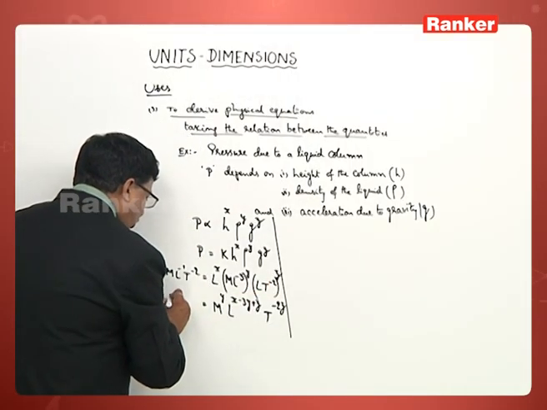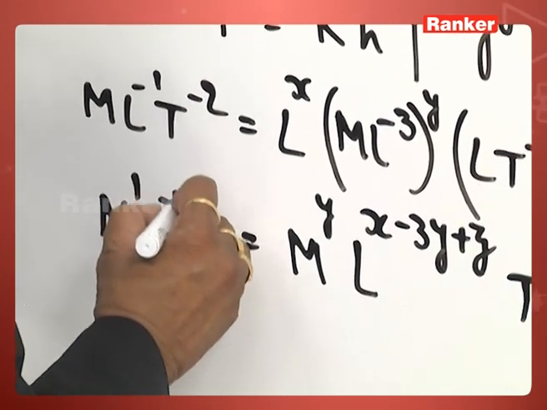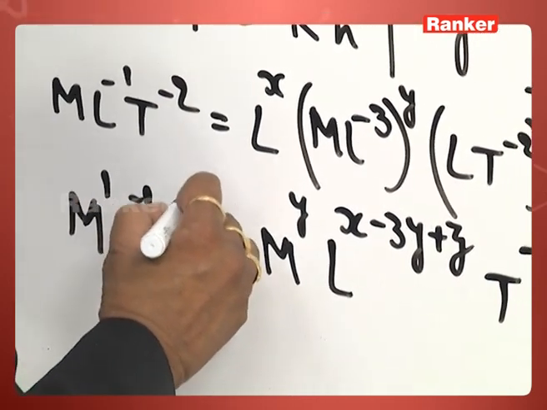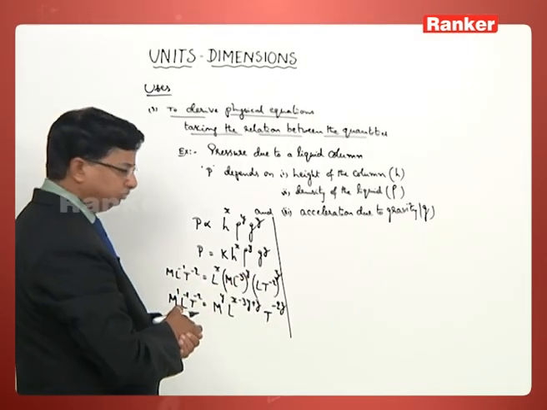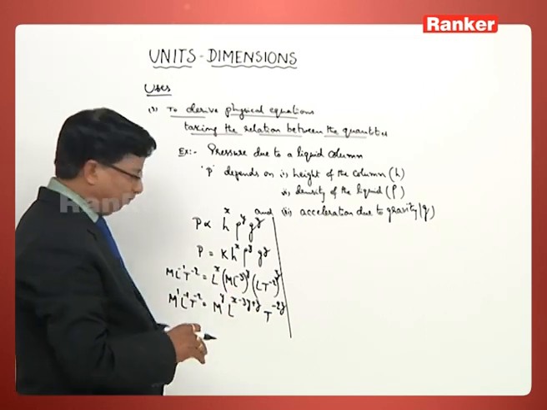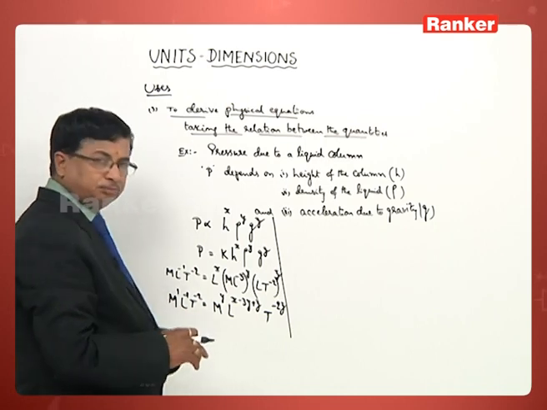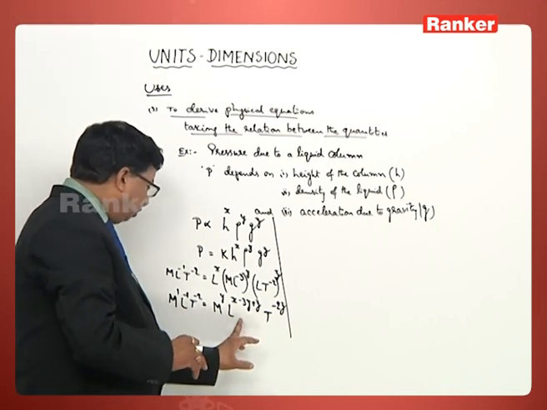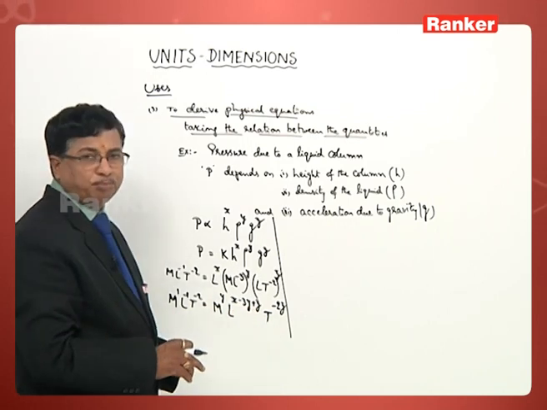That is equal to M to the power 1, L to the power minus 1, T to the power minus 2, which is on the left. So, what you need to do in this case is a very simple thing now. Equate the powers of mass, equate the powers of length, equate the powers of time.